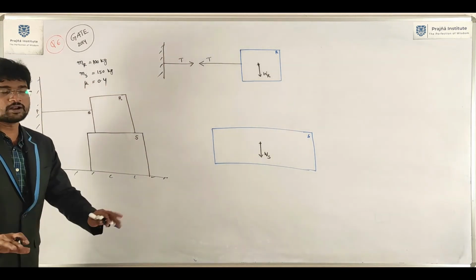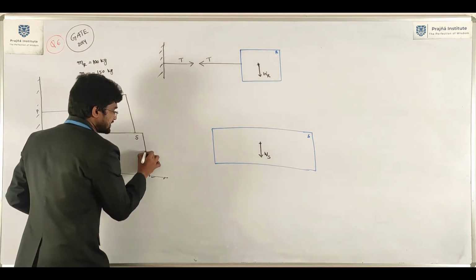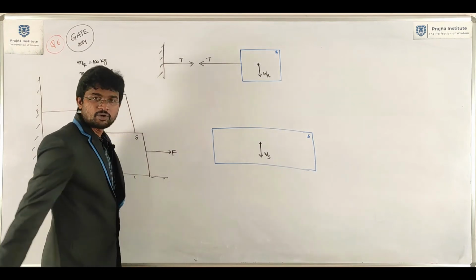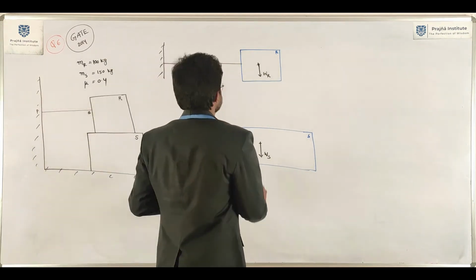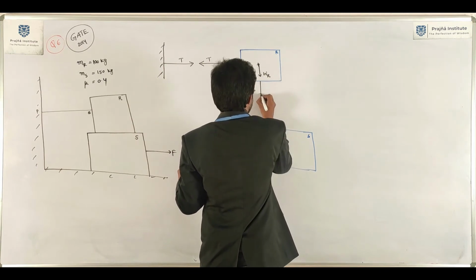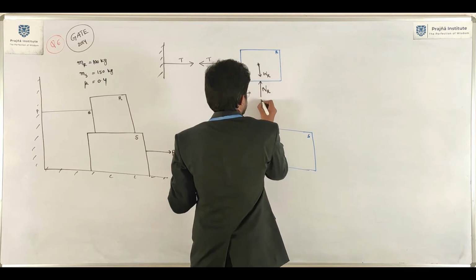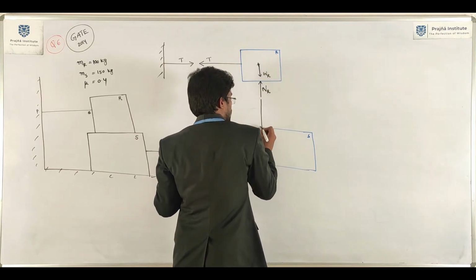Now at every contact surface, two normal reactions will be acting. Here F is given. So two normal reactions here. See this, N_R is acting on this.